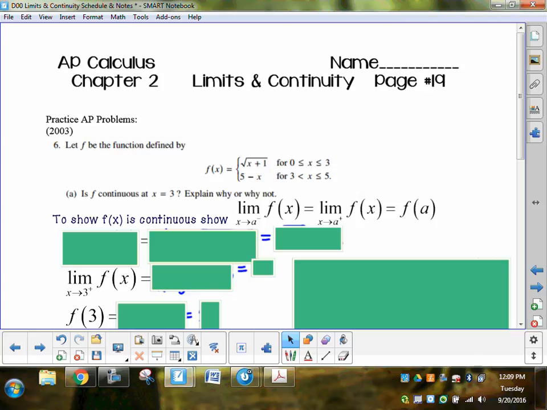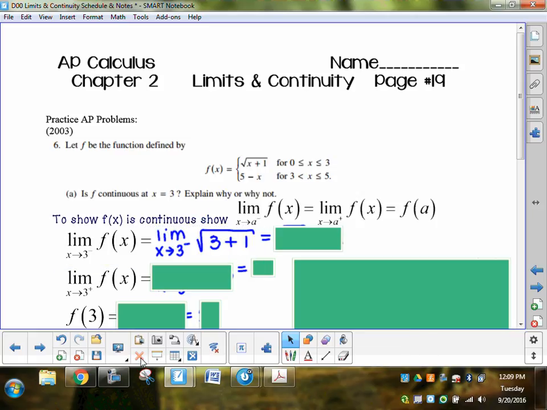Okay? So as we approach 3 from the negative side, which piece would you be using? And I can evaluate it out by direct substitution. What is the limit from the left going to be? Jack, what do you say?